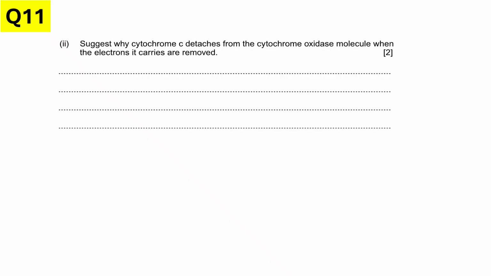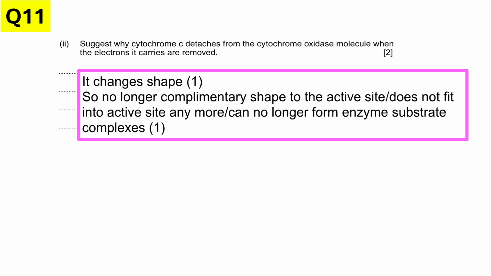So essentially, cytochrome C is the substrate, and when it's formed an enzyme substrate complex, it loses its electrons, so it's oxidized, which actually changes the shape very slightly of cytochrome C. So the shape of this molecule, electron carrier, is not now complementary in shape to the shape of the active site of cytochrome C oxidase, and therefore it detaches from the active site, leaving the active site free to be used once again.